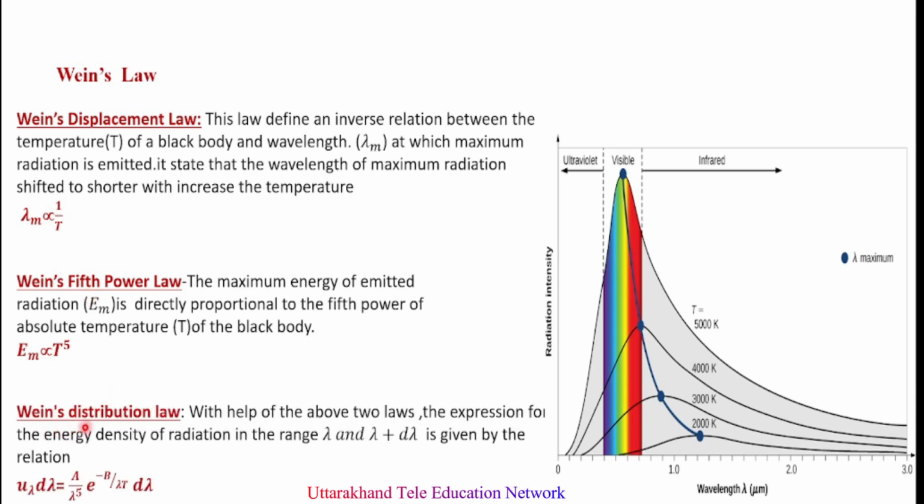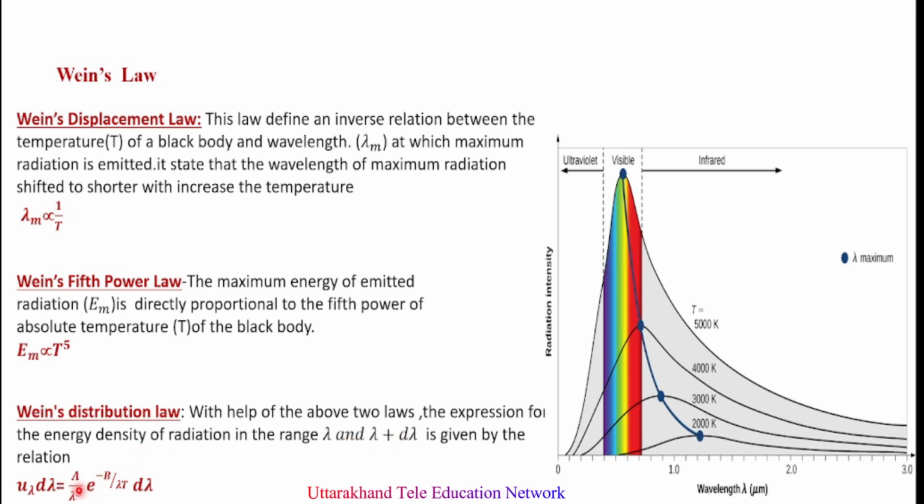Now third is Wien's distribution law, where we combine the first and second laws. Then we get a third law, which gives our energy density at a particular range lambda to lambda plus d lambda.